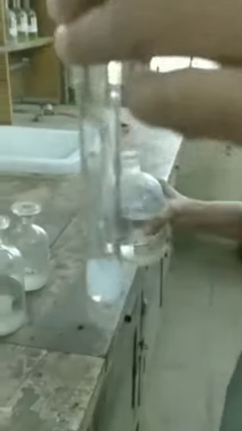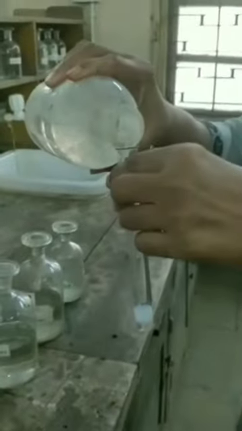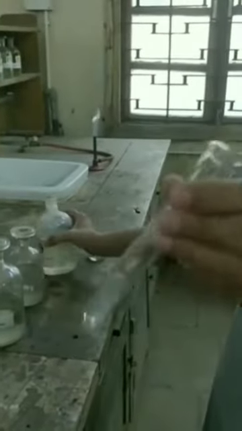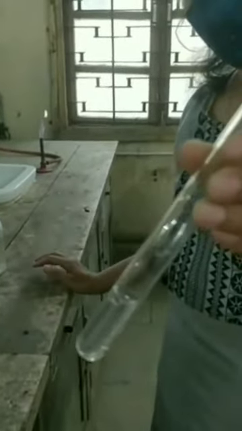You can see the white precipitates. In the observation it is written, white precipitates dissolve in excess of NaOH. So we will add NaOH in excess. You can see the precipitates become soluble. They are dissolved, which shows that our solution contains Zn+2. It is confirmed.